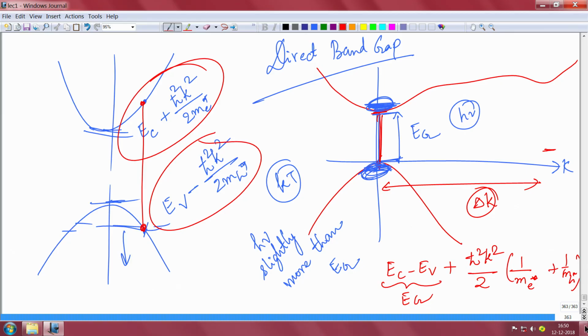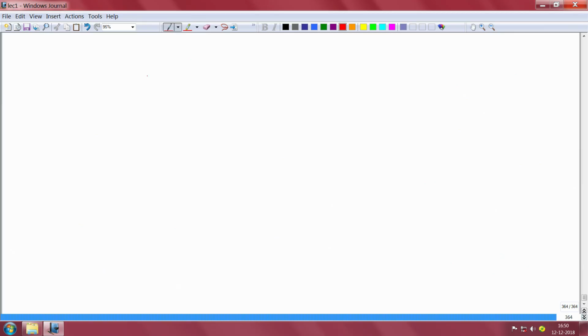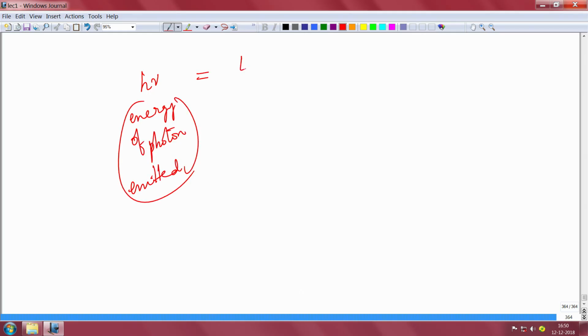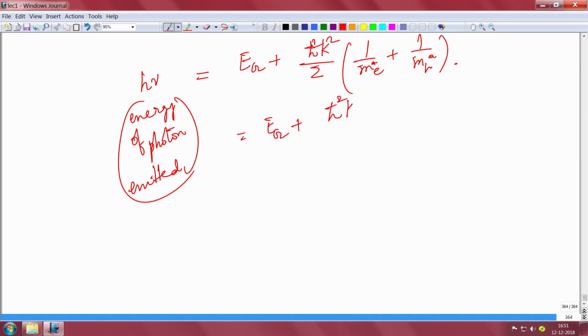So what I mean is that you can define h nu, the energy of the photon that is emitted, as equal to the band gap plus h-bar squared K squared by 2 times (1 by m e plus 1 by m h), and the whole thing can be written as Eg plus h-bar squared K squared by 2 m r star, where m r star is called the reduced effective mass of the electron-hole pair.